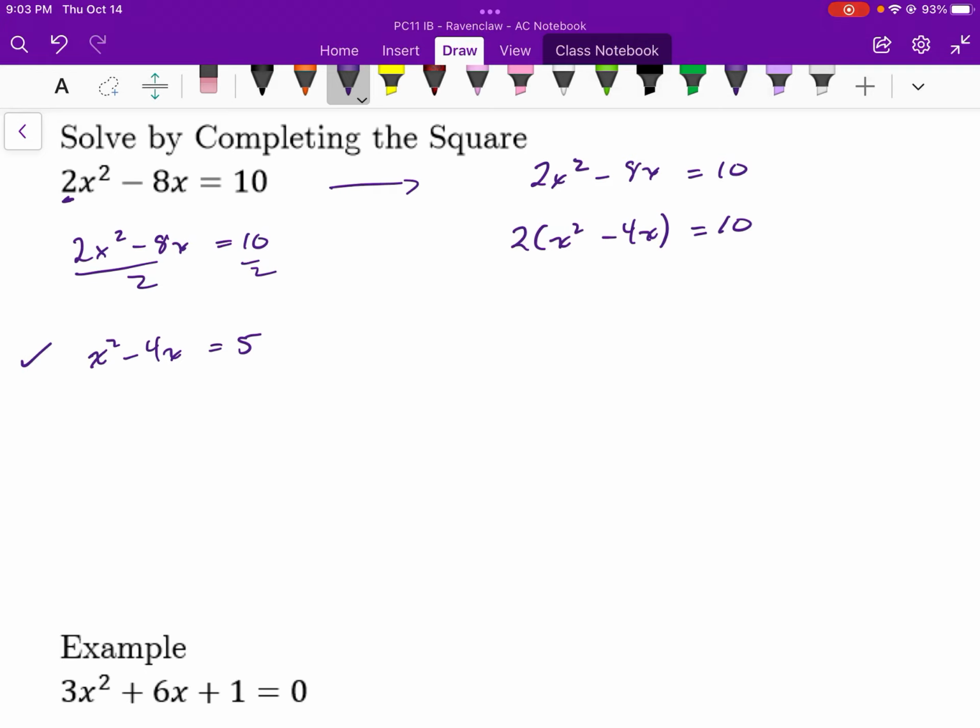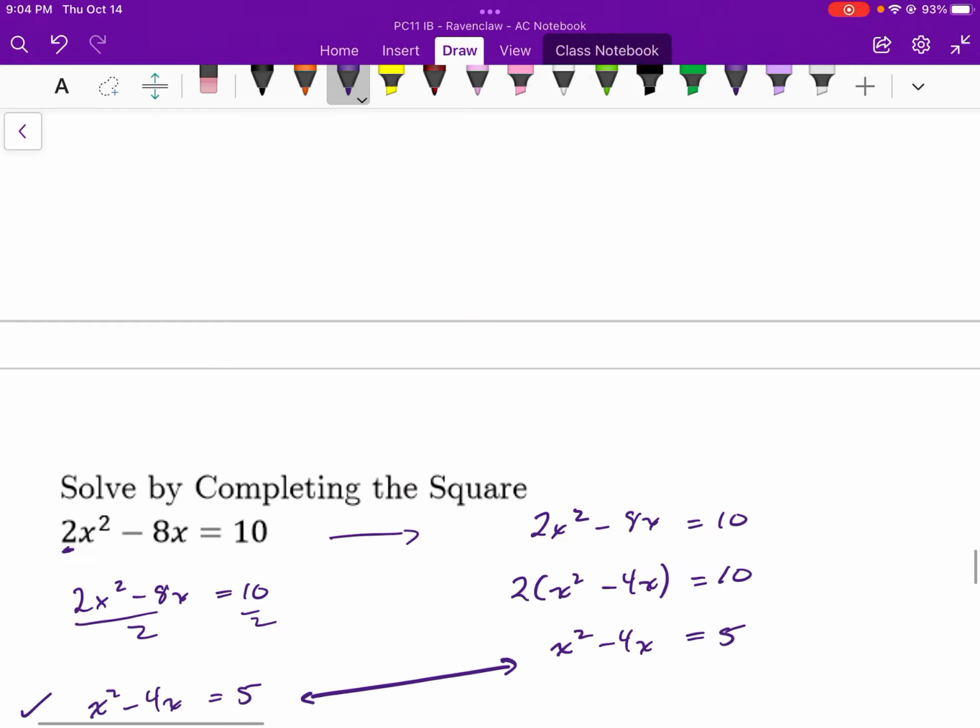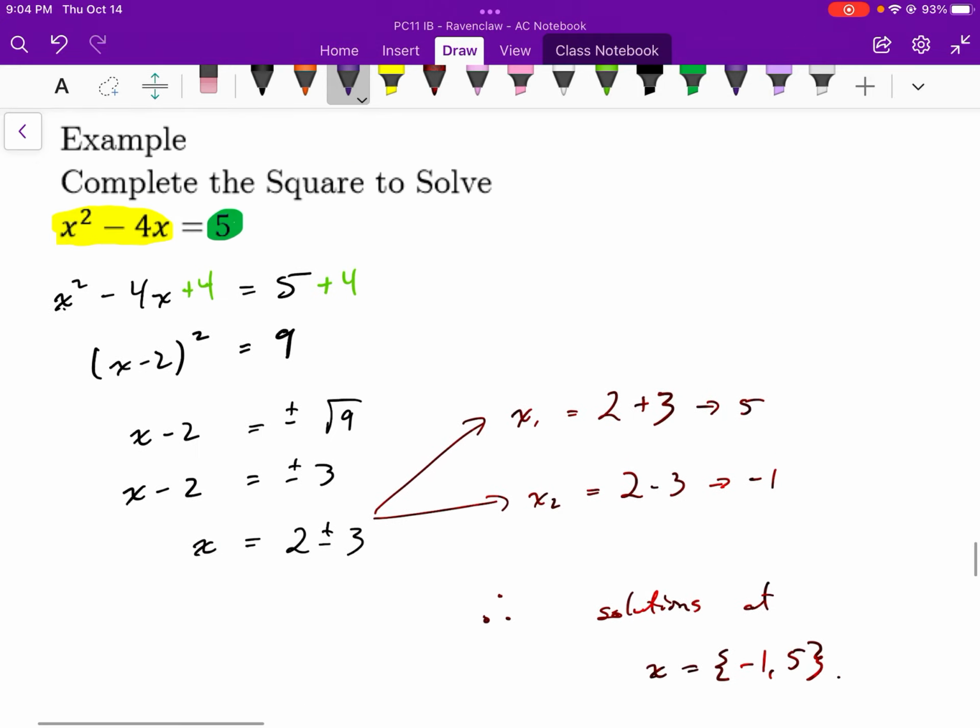And then maybe at this point, you would divide both sides by 2. And it might look like this. And that's all good and fine. Notice that we end up in the same spot. As long as your algebra is good, you're keeping things in balance, and you know where you're going, you'll end up in the same place. The reason why I'm not going to complete the question is because we've seen this exact question before.